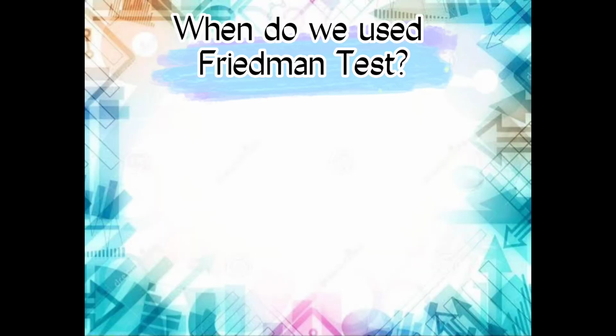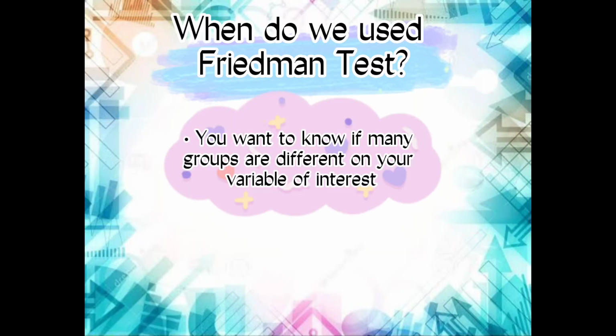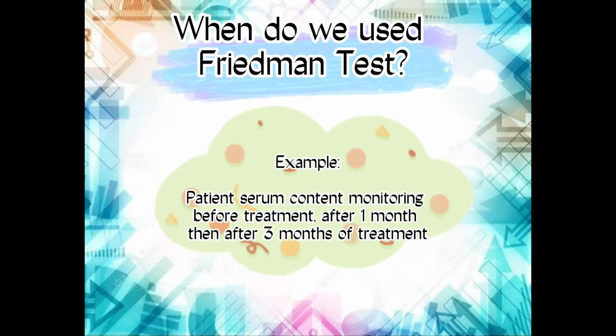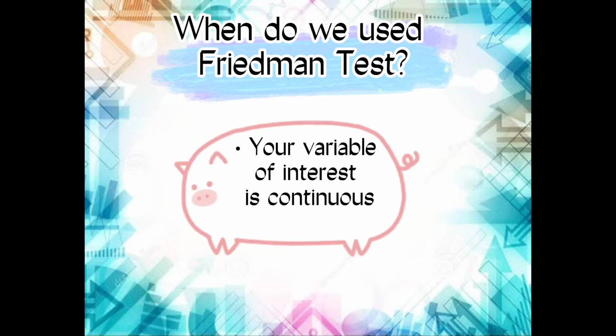When do we use Friedman test? You want to know if many groups are different on your variable of interest. Difference means you are looking for a statistical test to see whether 3 or more groups are significantly different on your variable of interest. Example, patient serum content monitoring before treatment, after 1 month, and after 3 months of treatment.